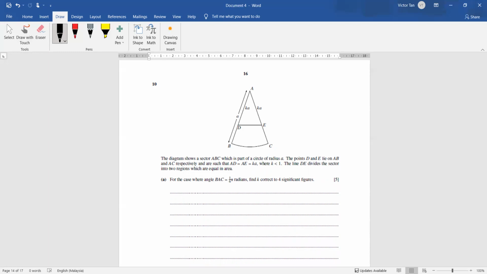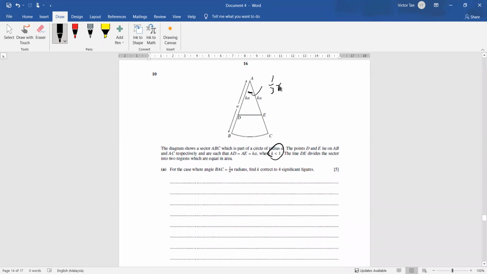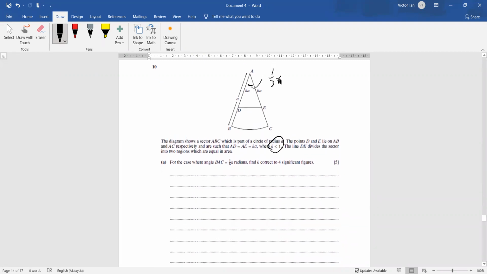For the case where angle BAC is 1/3 pi, find K to 4 significant figures. So this angle is 1/3 pi in this question. Okay, let's see. K is smaller than 1. So read the question properly.